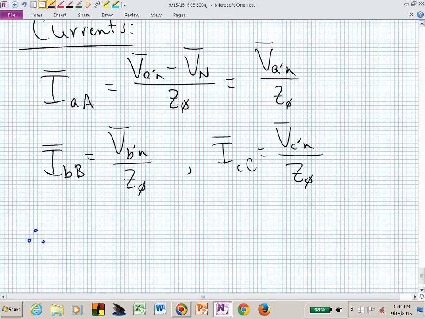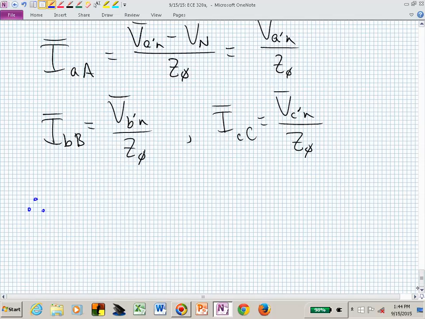What's that going to do to our I's? They will be offset by whatever Z sub phi is, right? But they'll all be offset the same. And we started with these V's looking like balanced three-phase voltages. If we just all offset those by the same magnitude and angle, the currents will be a balanced set of currents. Is that clear?